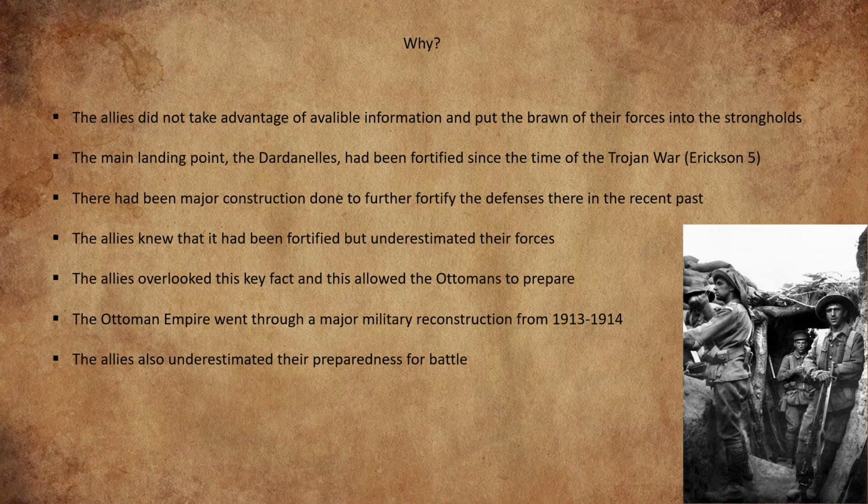There had been major construction done to further fortify the defenses there in the recent past, and the Allied forces knew that it had been fortified, but underestimated their forces.